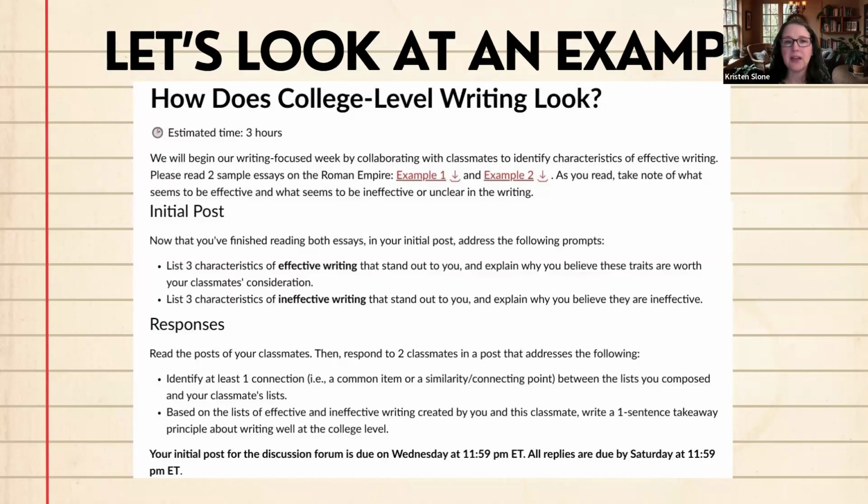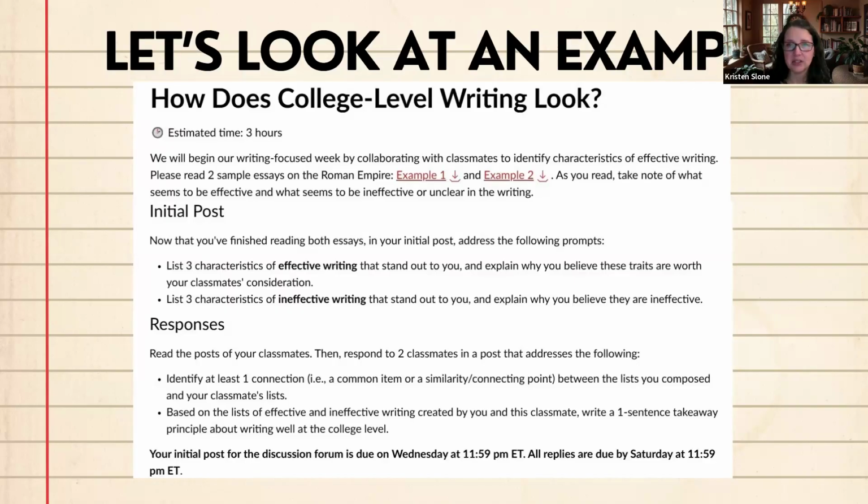Now that you've finished reading both essays, in your initial post, address the following prompts. List 3 characteristics of effective writing that stand out to you and explain why you believe these traits are worth your classmates' consideration. List 3 characteristics of ineffective writing that stand out to you and explain why you believe they are ineffective. Responses. Read the posts of your classmates, then respond to 2 classmates in a post that addresses the following.